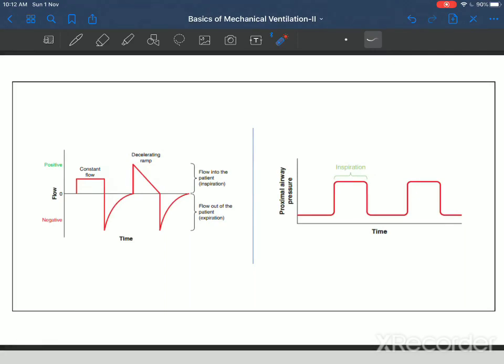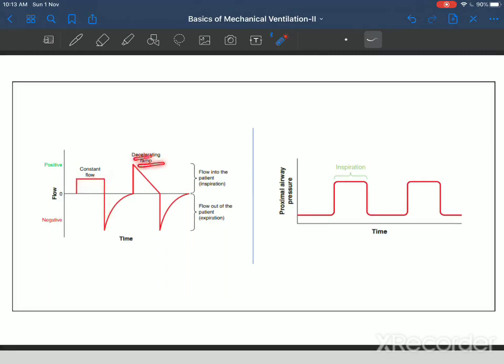With the constant flow waveform, also known as a square or rectangle waveform pattern, the inspiratory flow instantly rises at the beginning of the breath and becomes highest immediately, then stays constant and then decelerates.